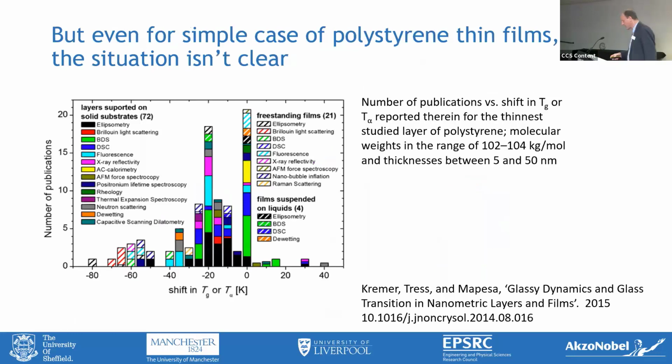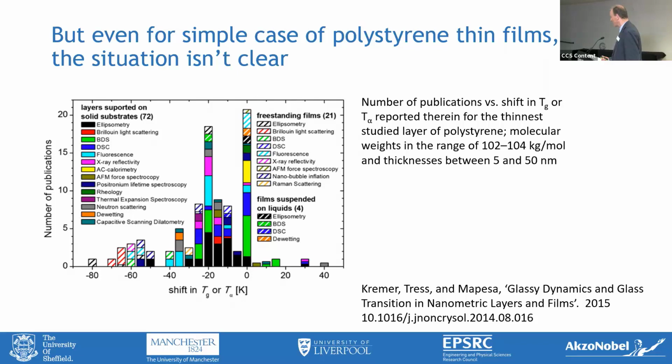But things are not straightforward. Lots and lots of people have done this experiment, and maybe if I'd realised it would cause all this trouble, I wouldn't have started in the first place. But there has been a lot of controversy. This recent paper from Friedrich Kramer is a great catalogue of all known measurements of TG in films of polystyrene.